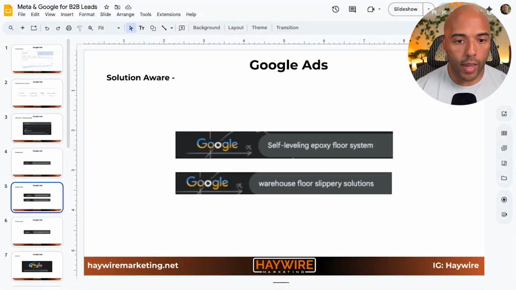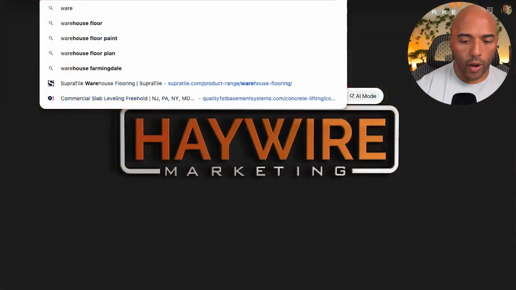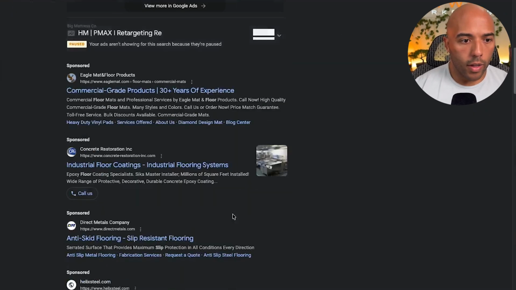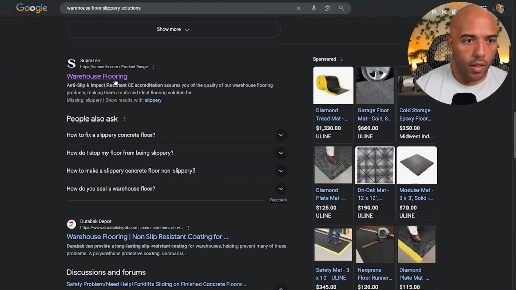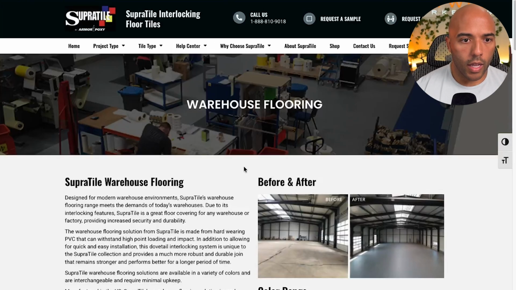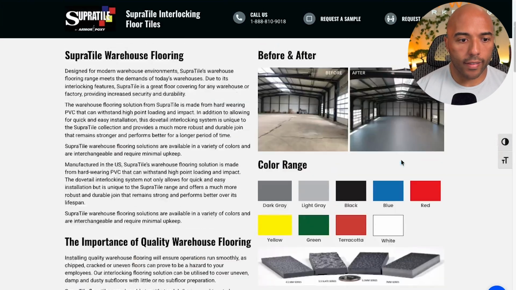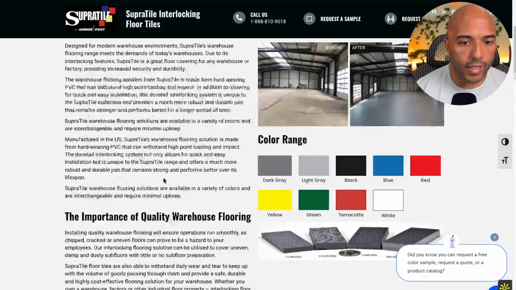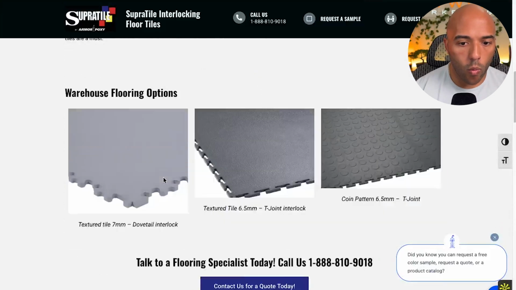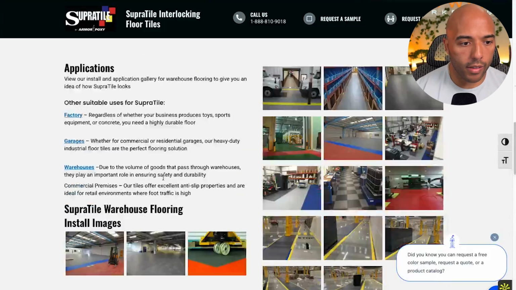So if we type in warehouse slippery floor solutions, and this is a great example because they're showing you the before and after, and they have a ton of content explaining why their product is superior.